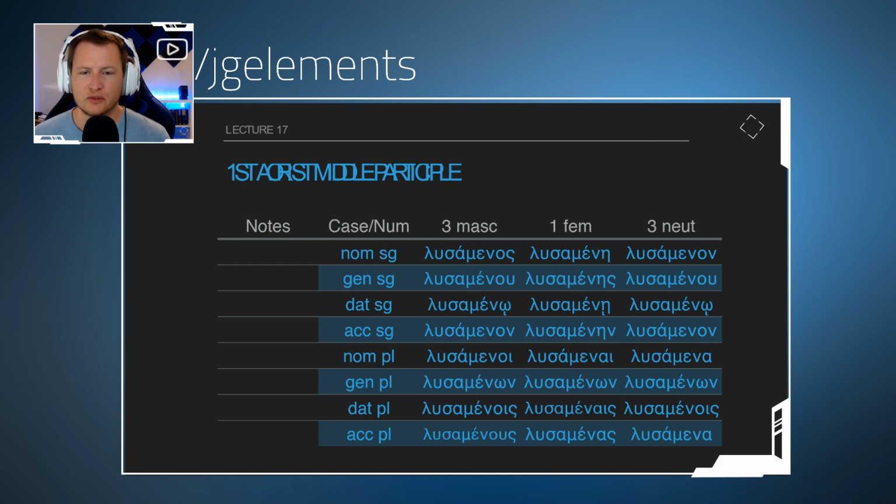You could translate these reflexively because it's middle. It is undefined, so after destroying himself or something like that, depending on what noun it's modifying or attached to, or how it's functioning adverbially in the sentence.